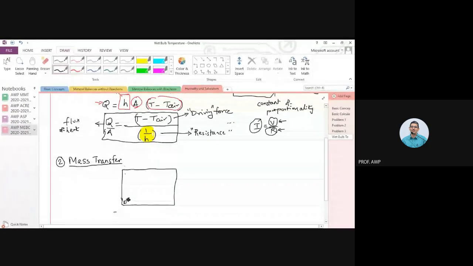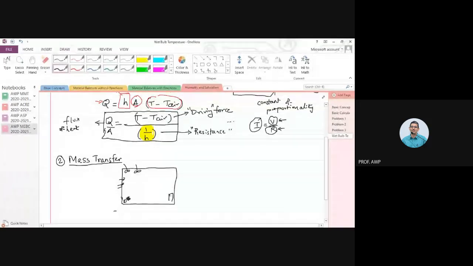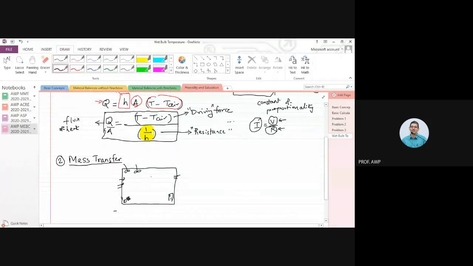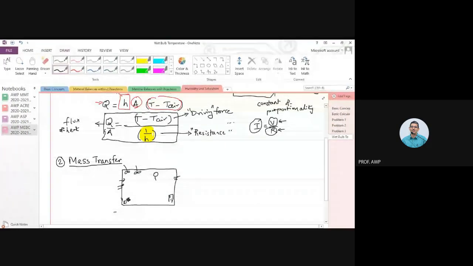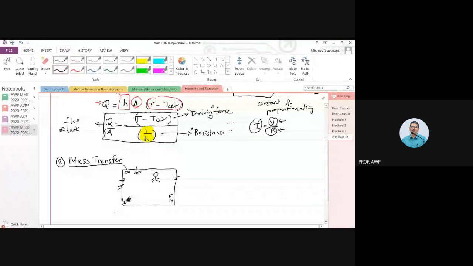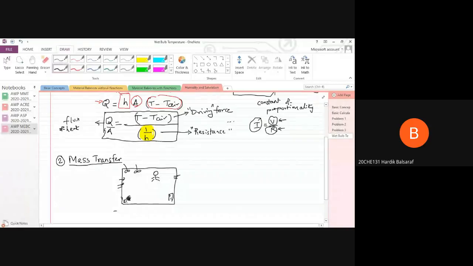I have fans going on, I have windows, I have doors, everything is open. Do you think if there is a person somewhere else in this room, that person will smell this perfume? Yes, sir. If I spray enough of perfume, obviously. Will he or she smell the perfume instantaneously or will it take some time? It will take some time, right?